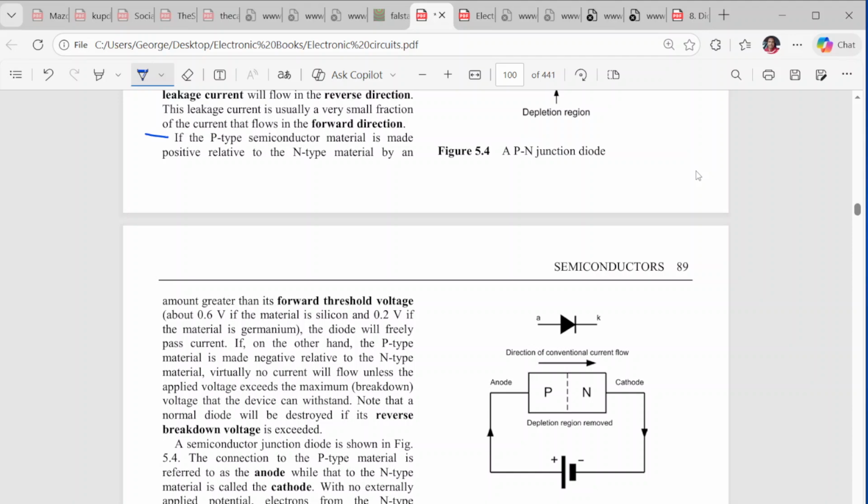If on the other hand the P-type material is made negative relative to the N-type material, virtually no current will flow unless the applied voltage exceeds the maximum breakdown voltage that the device can withstand. Note that the normal diode will be destroyed if the reverse breakdown voltage is exceeded.